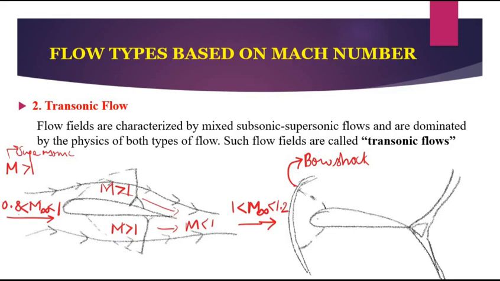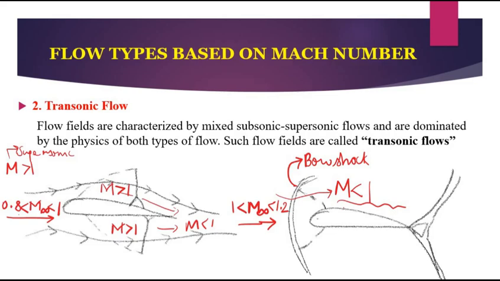Yes. Now, when my flow crosses this shock, the Mach number again becomes less than 1. So eventually, as the flow proceeds, there will be fluctuations in Mach number. This keeps changing.